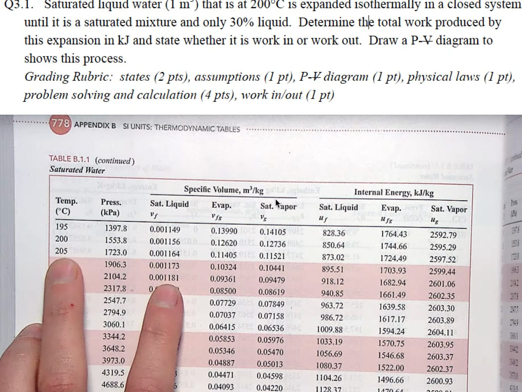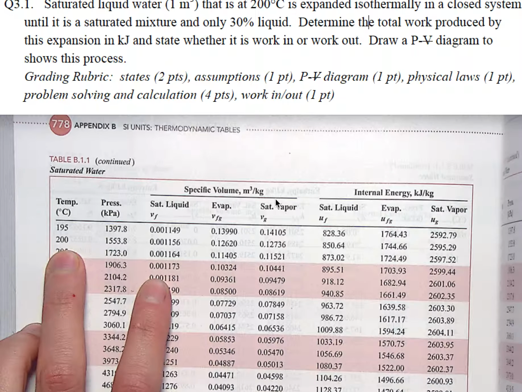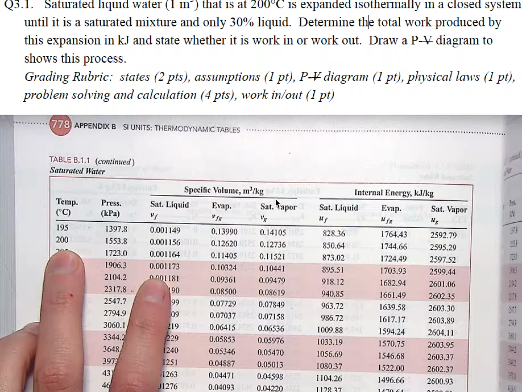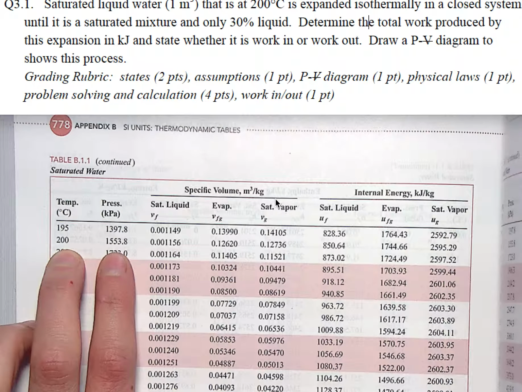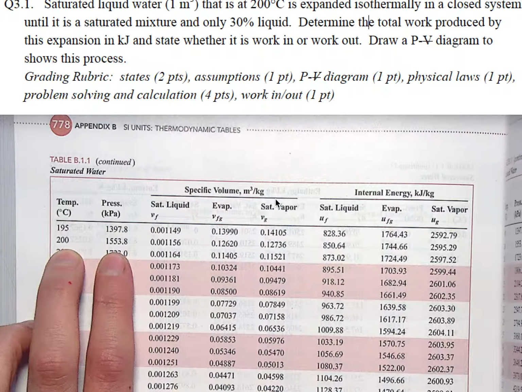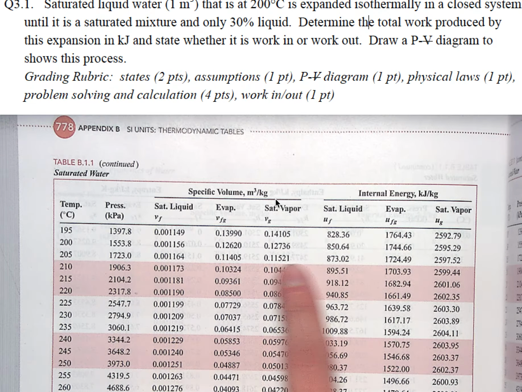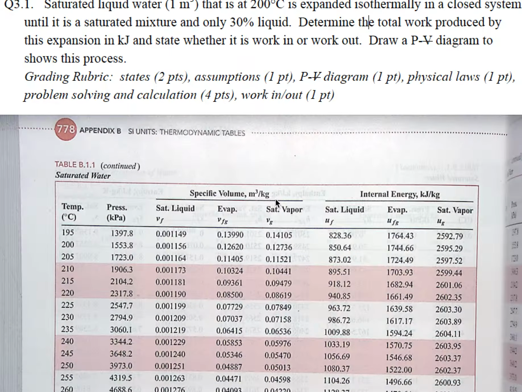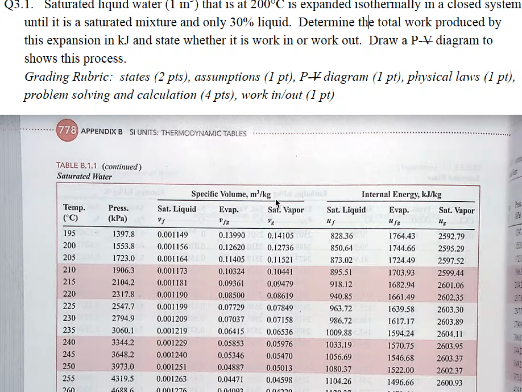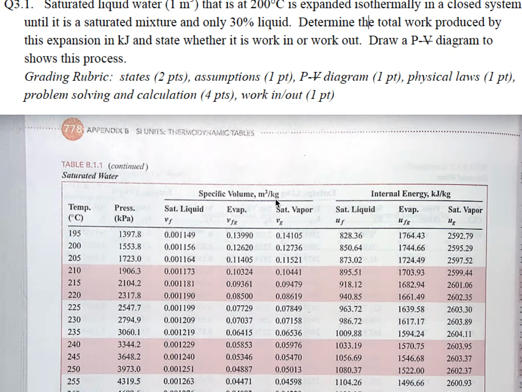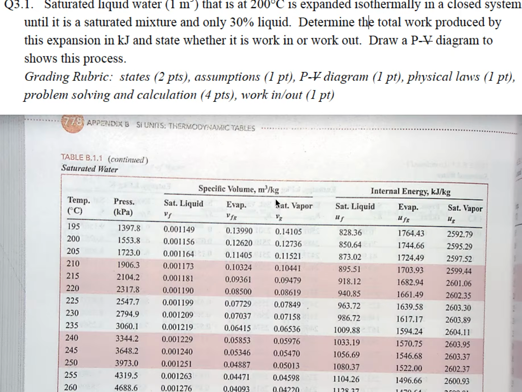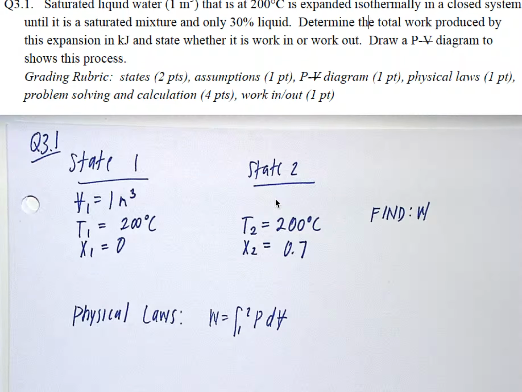And here you can see that for 200 degrees C, the saturation pressure is 1,553.8, and then you also have all of this information about specific volumes and energies, enthalpy and entropy, if you go to the second page. So we'll come back to this in a second.